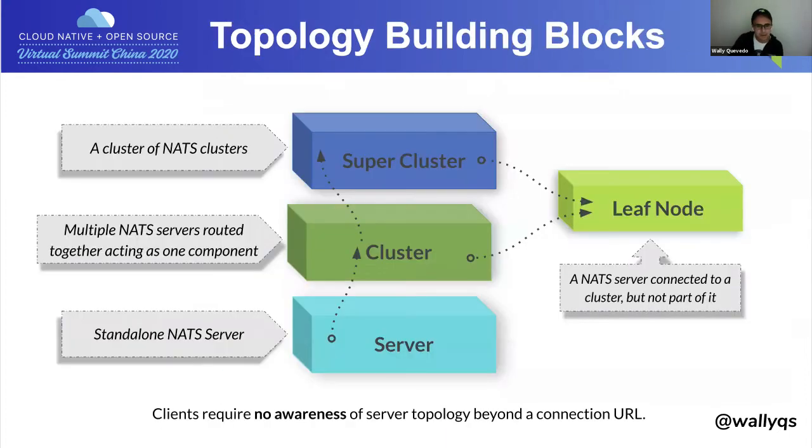So the idea with NATS v2 is to be able to expand not only from a single data center into multiple ones, and have global deployments. In this case, we have superclusters, which are clusters of clusters, and you also have the leaf nodes that can connect to a supercluster or a cluster, and they can also be daisy chained. So you can have very arbitrary topologies now.